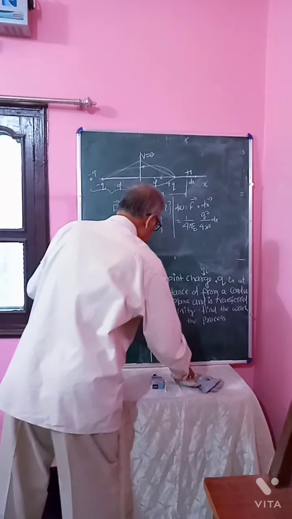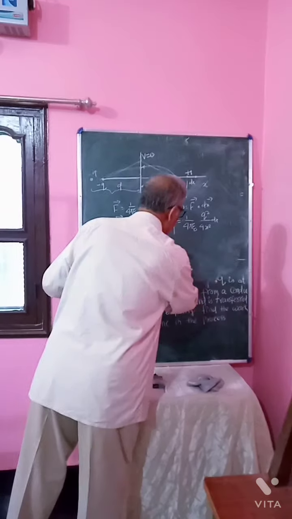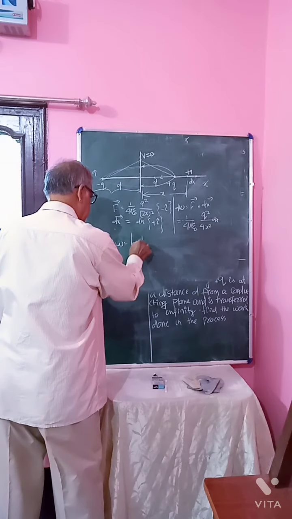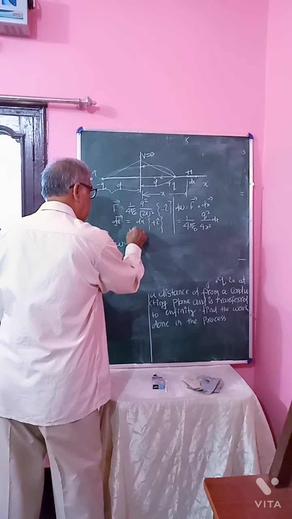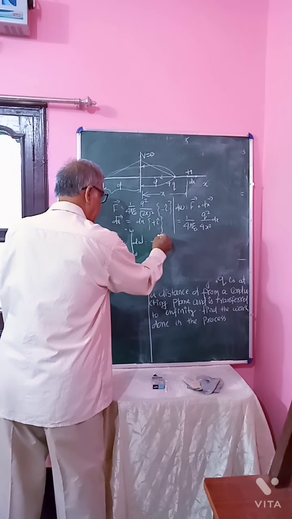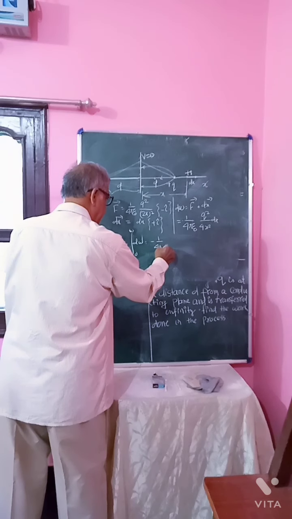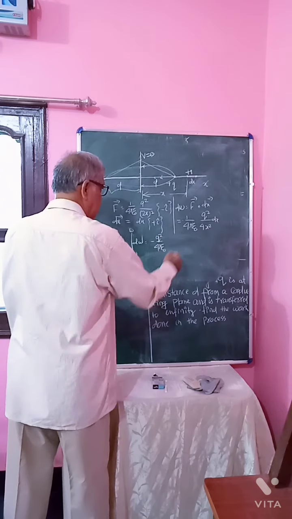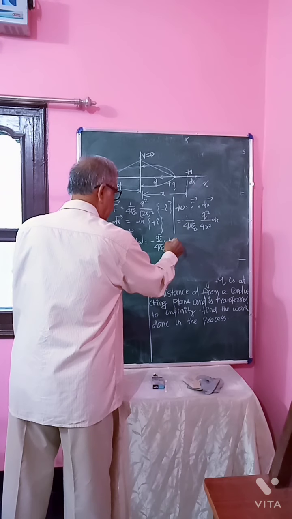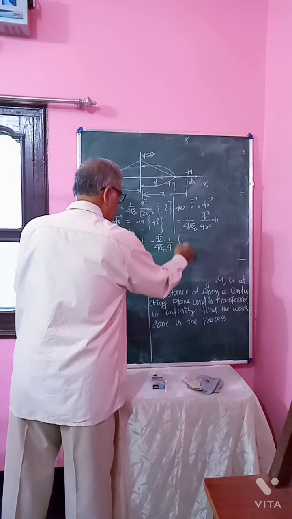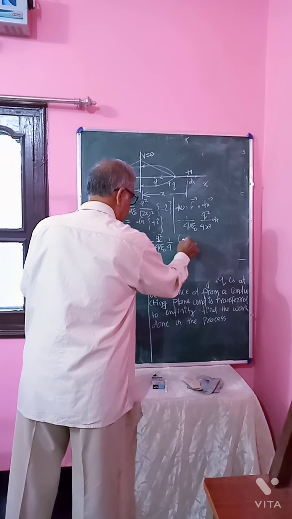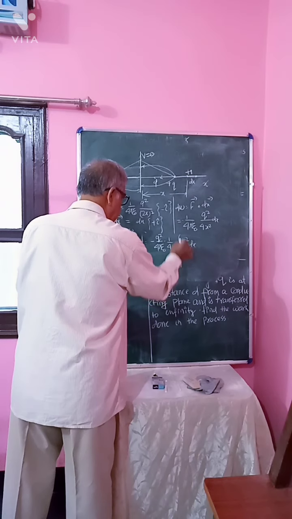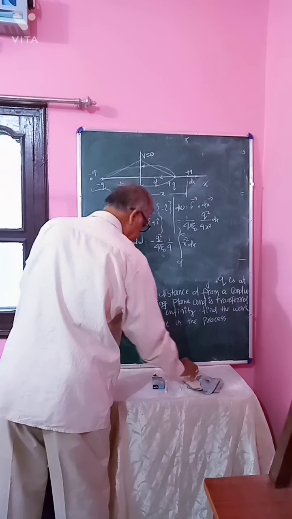Now, the work done is equal to integral dW, 0 to W, equals minus 1 by 4 pi epsilon 0 q square into 1 by 4 integral x to the power minus 2 dx, x varying from d to infinity.